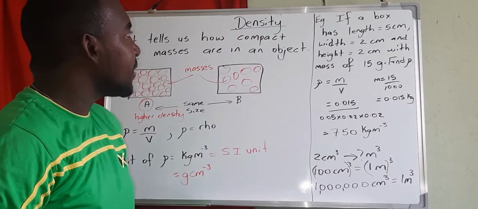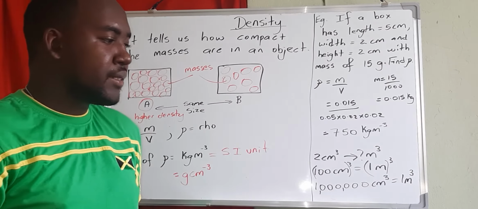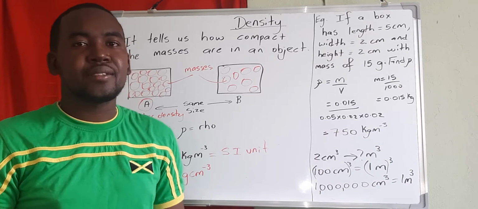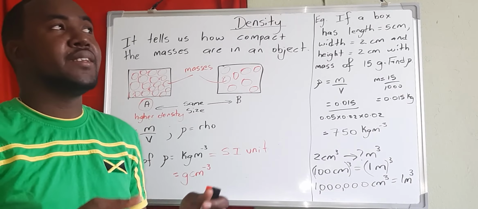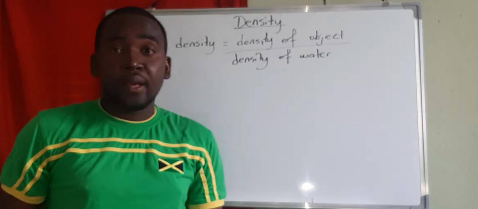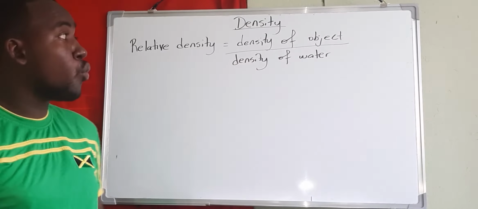So we're going to look now at relative density, and relative density tells us how much denser an object is than water or any liquid that it is being compared to. So the relative density is equal to the density of the object over the density of water.